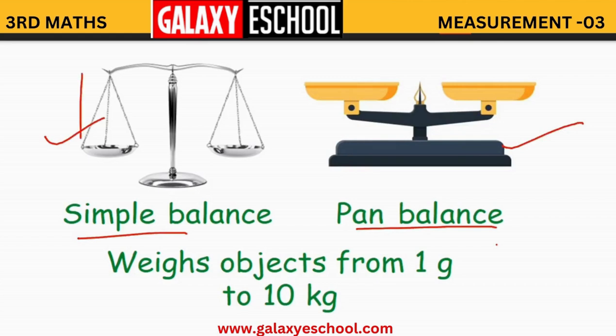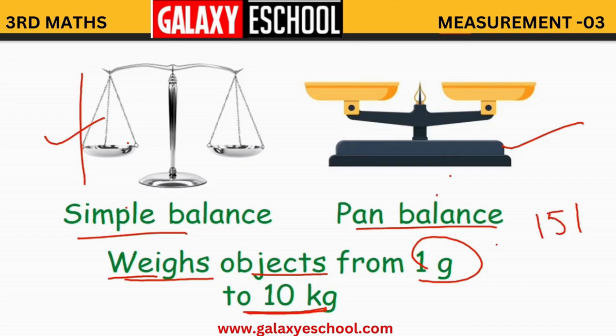But these two balances can weigh objects only from 1 gram to 10 kilograms. If I have an object which weighs more than 10 kilograms, suppose if it weighs 15 kilograms, I cannot use these two balances to weigh because their capacity is that they can weigh up to only 10 kgs.